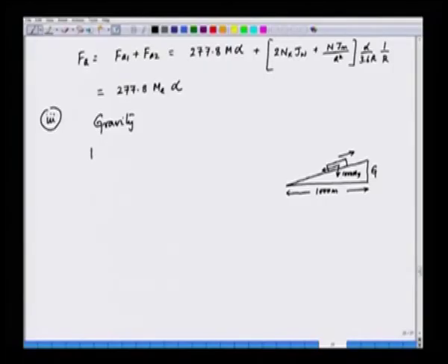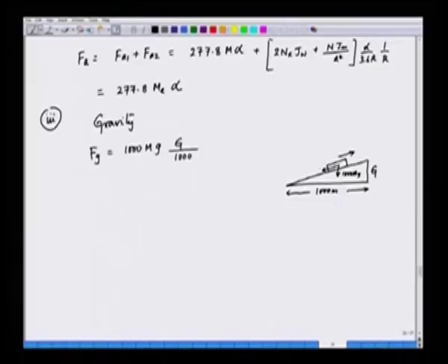So, we have Fg, the tractive effort because of the gravity, that is equal to 1000 m, where m is the mass in ton, and 1000 is basically to convert that into kg, into g, the gravitational acceleration 9.81 meter per second square, into G by 1000, where G is the gradient. G is defined as the change in the vertical inclination in 1000 meters.